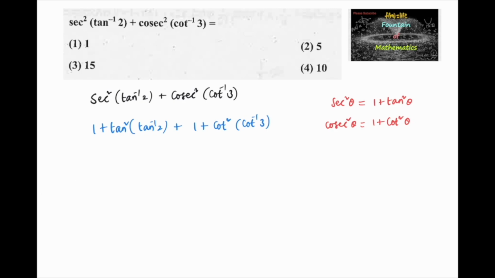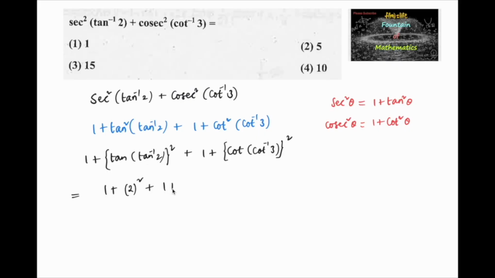cot inverse of 3, that is 1 plus (tan of tan inverse 2) whole squared, and 1 plus (cot of cot inverse of 3) whole squared. So 1 plus tan of tan inverse of 2 is 2, 2 squared, and again 1 plus cot of cot inverse 3 is 3 squared.